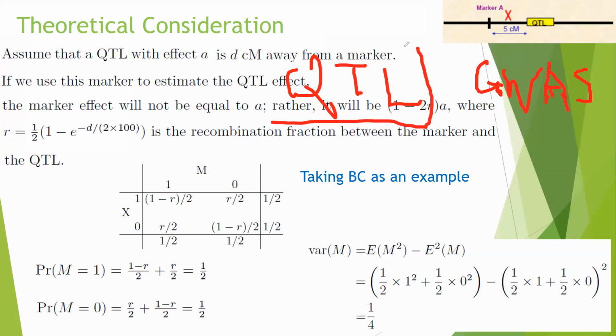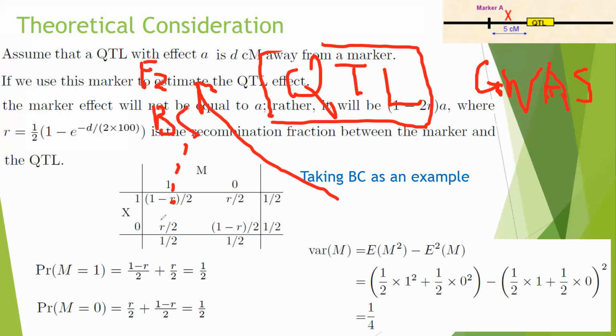Usually QTL mapping means we use a specific population, let's say an F2 or backcross or some other designed population.